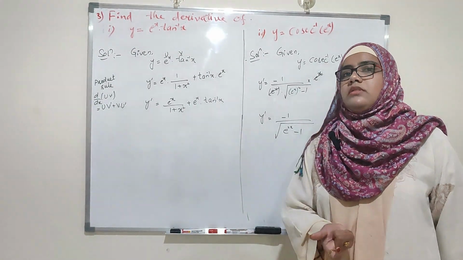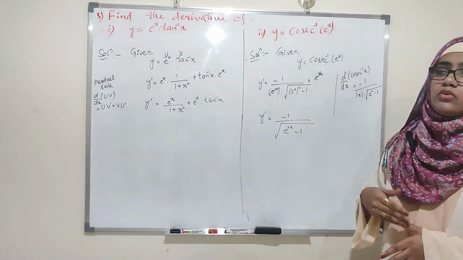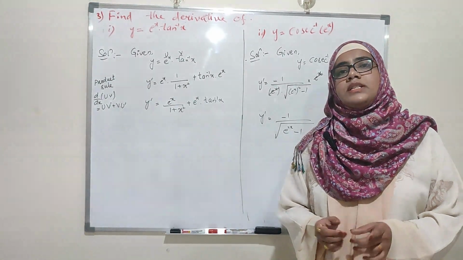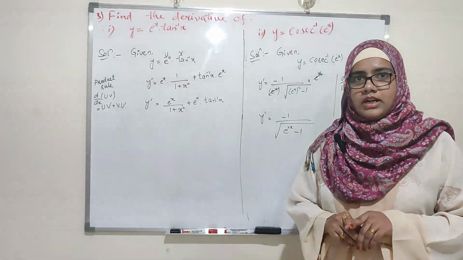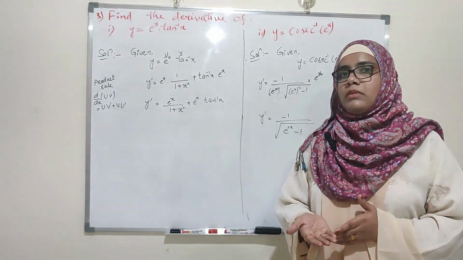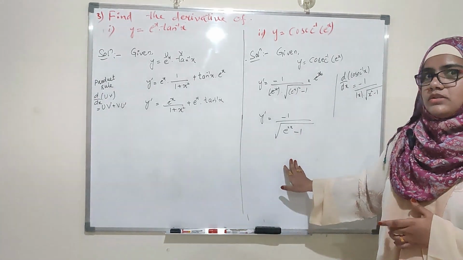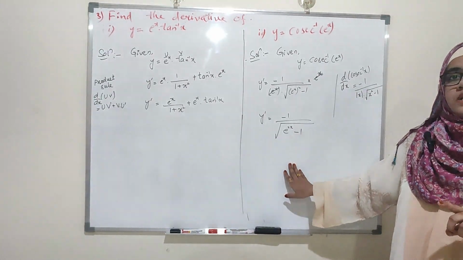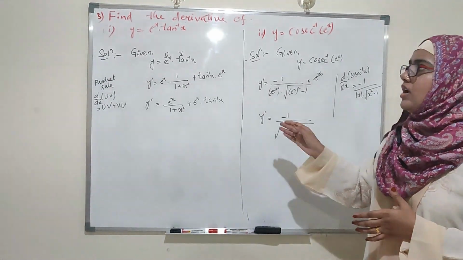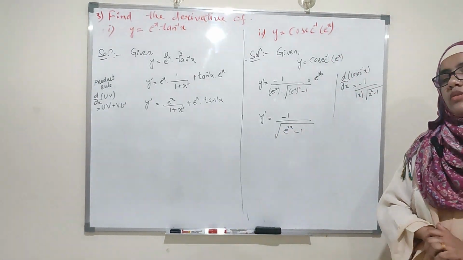If you write the formulas, then it is easy for you to solve examples. How to remember the formulas means try to understand how we got them. Then it is easy to learn them. Don't be confused; you will not get confused if you understand how the formula comes. Then we apply that formula in examples. It's very simple and interesting also.